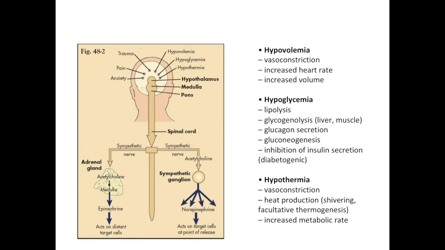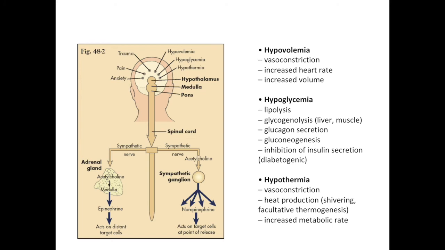And so the effects of these then, for instance, in the case of hypovolemia, it's going to cause vasoconstriction, increase your heart rate, and generally try and increase the volume of your circulatory system. In hypoglycemia, most relevant for this short lecture, it increases lipolysis, glycogenolysis in the liver and muscle, glucagon secretion, gluconeogenesis, and inhibition of insulin secretion. So it's going to raise blood glucose levels.